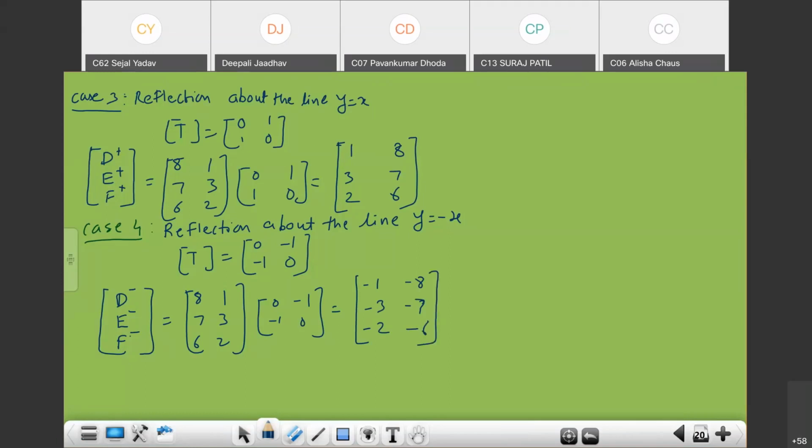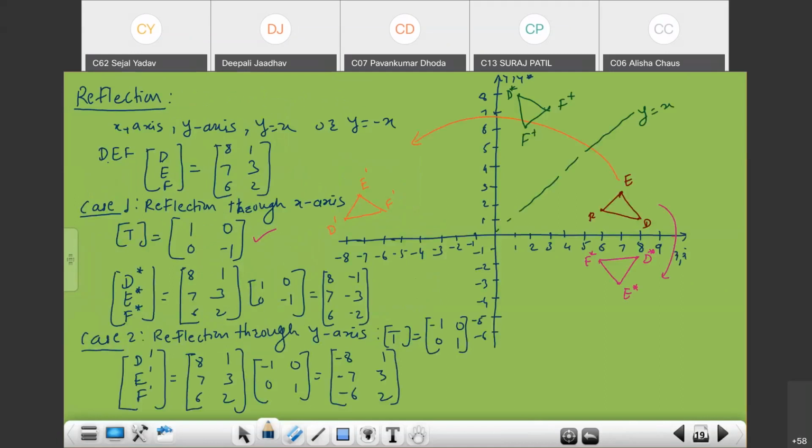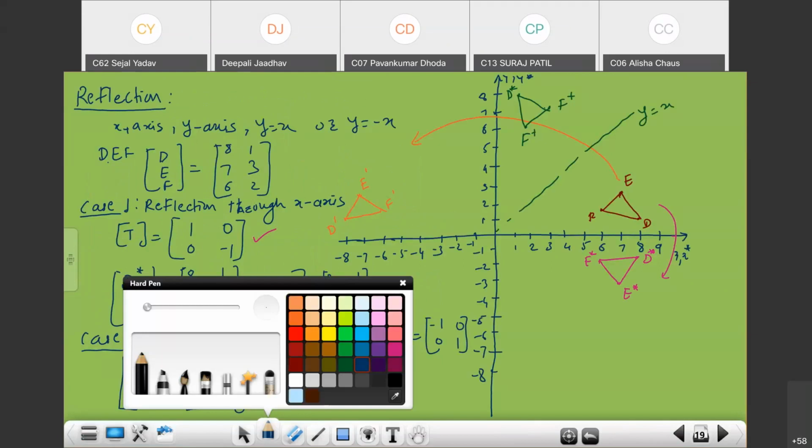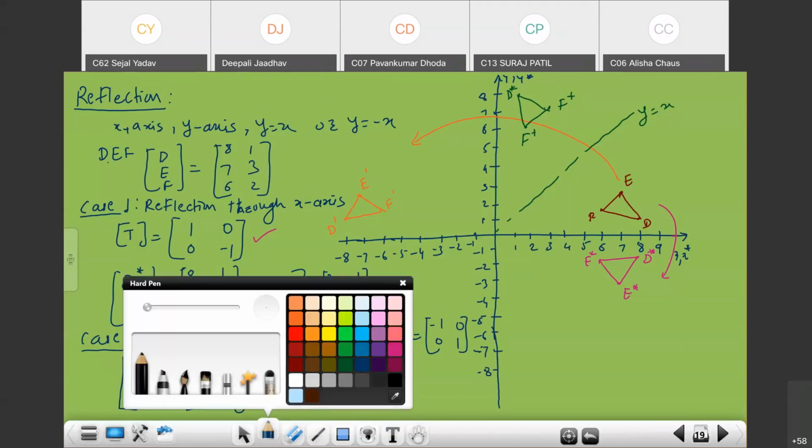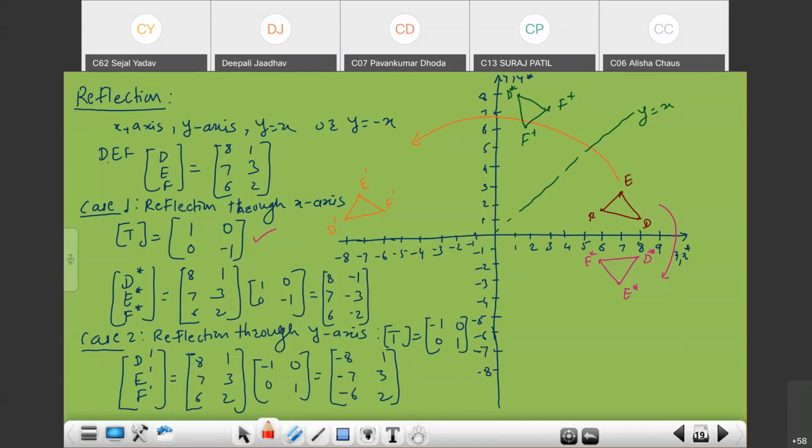If we put this here, I'm not going to draw because it is already written. What is it? Minus 1, 8. Or I will draw it. There is not such a space available, but I will write minus 1, minus 8. 1, minus 8, it is here.